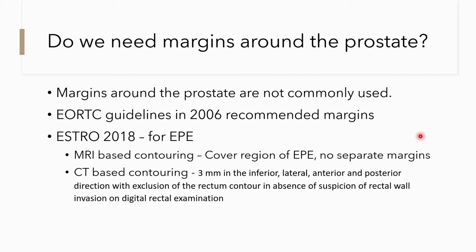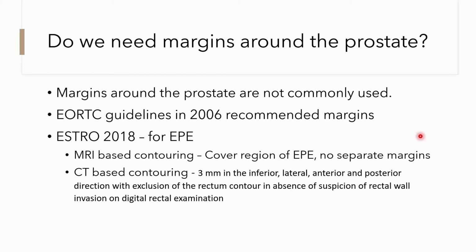If it is a T3 disease and you are using the MRI to contour, then it is easy to identify the region of the extraprostatic extension and no separate margins are required. If you're just doing CT-based contouring, the ESTRO guidelines suggest a 3 millimeter margin all around.